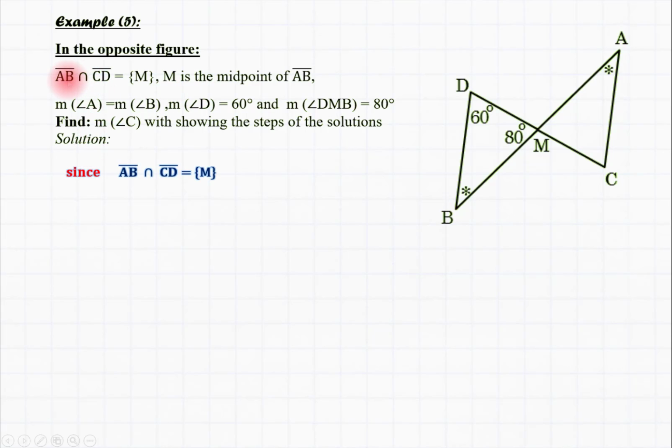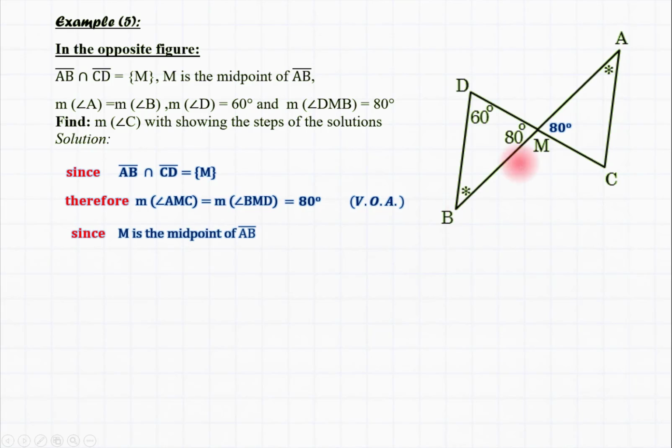Because of the intersection of AB and CD at point M, the measure of angle AMC equals the measure of angle DMB because they are vertical opposite angles, or VOA. Second, because M is the midpoint of AB, therefore AM will equal BM. That's number 1.